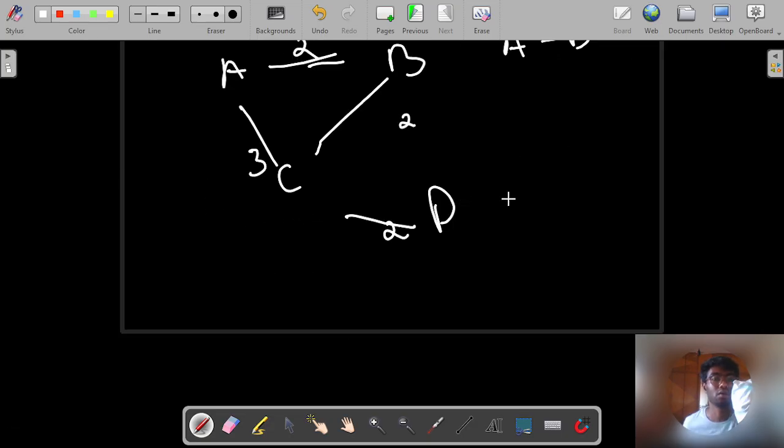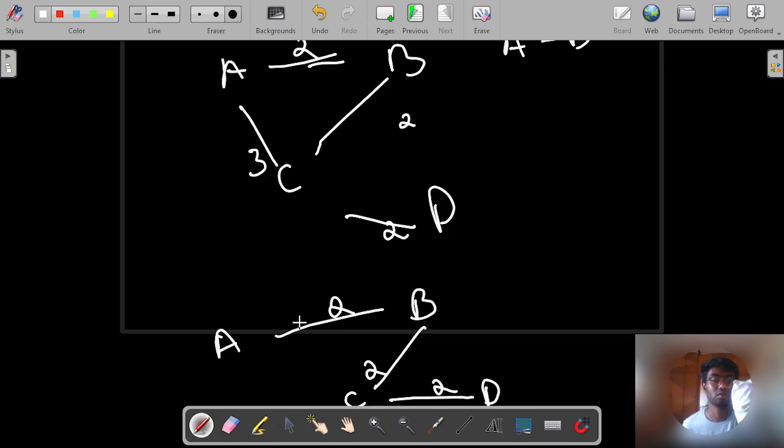Like for example, A has the shortest edge with B, which is 2, and similarly B has the shortest edge to C, which is 2, and C has a shortest vertex to D. So we altogether ignore this edge since this has a more weightage. So if you see, this graph had a weight of 3, 5, and 9. Here we simply have a weight of 3.